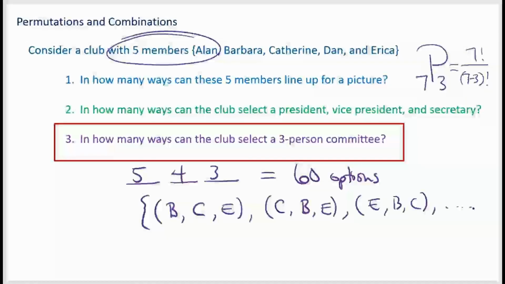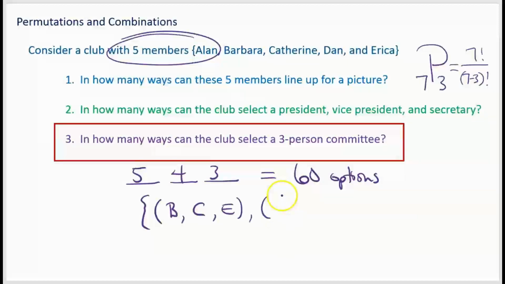Well, then it turns into a subset situation. It turns out there's 6 of them. Should we list them all? Let's do that in an organized fashion so you can see. So we have Barbara, Catherine, and Erica. We did B, C, E, and then B, E, C is an option.